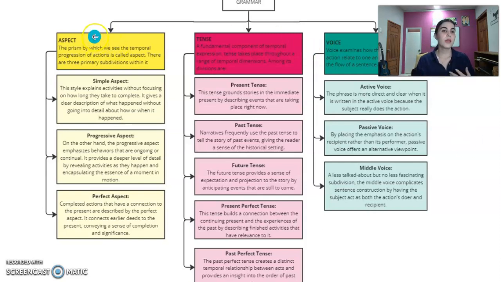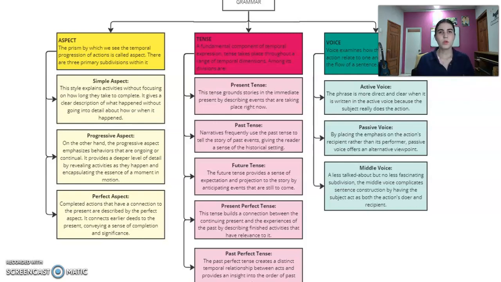Starting with aspect, we have to understand how we see the temporal progression of an action, which is called aspect. And we can find three subdivisions: the simple aspect, the progressive aspect, and the perfect aspect.